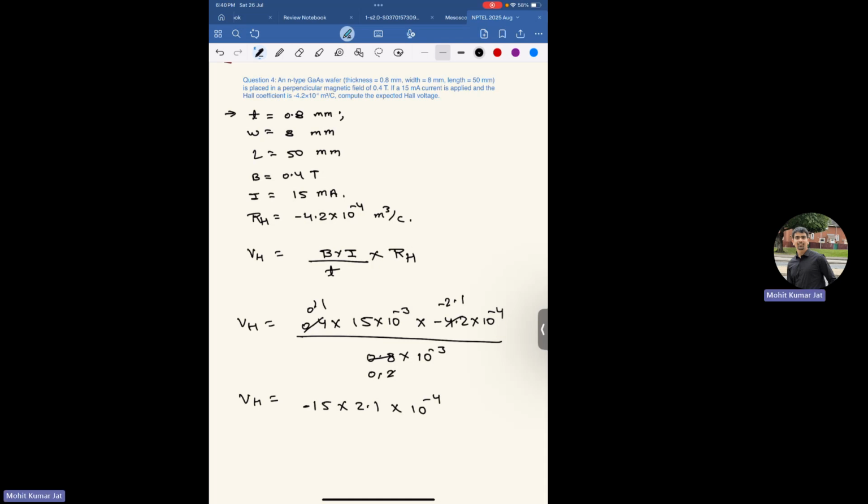So if you do so, the answer which will come out of it will be roughly around, if you do 15 into 2.1, it will be 3.15, I think. Yeah, it will be 3.15.